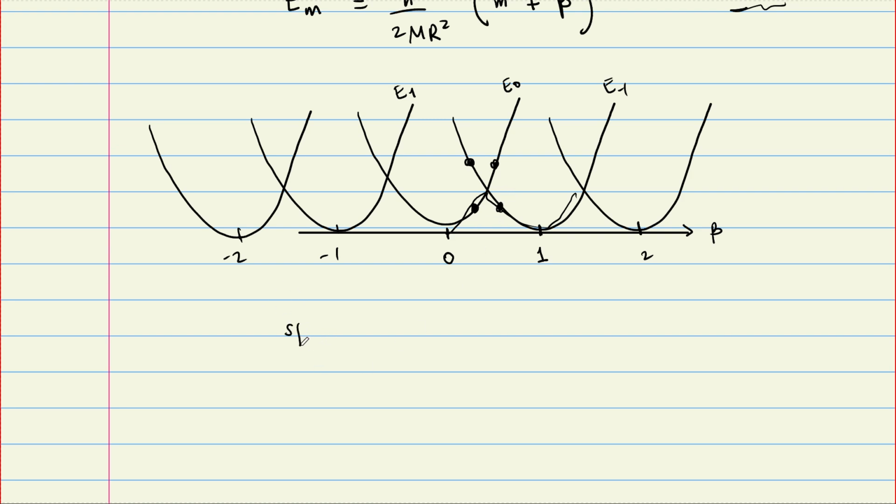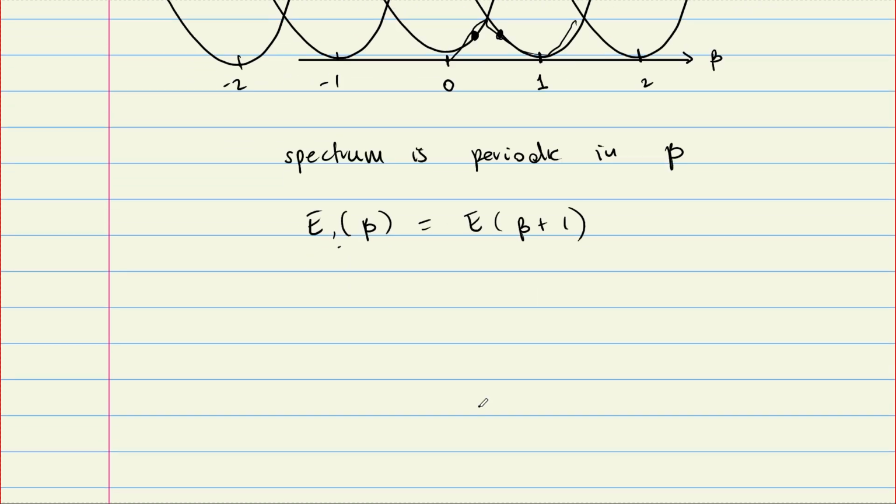So the spectrum is periodic in beta. So E of beta is equal to E of beta plus 1. But I'm not putting the indices because levels change as you go from one beta to another.